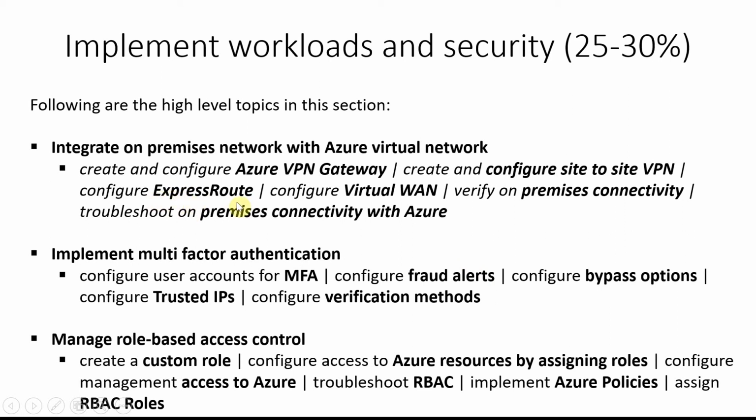Then we use ExpressRoute. Site-to-site VPN is in the same category, but it is over the internet, though private by default. Then Virtual WAN, if we're talking about a wider area network. It's also about how you troubleshoot issues in this networking, and those things are covered under this category.